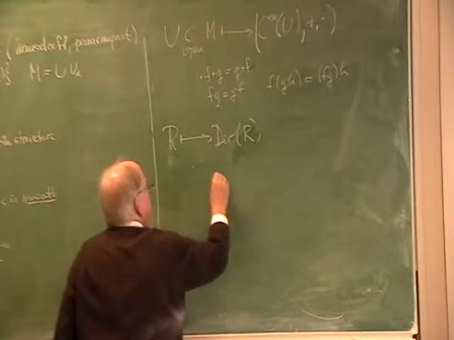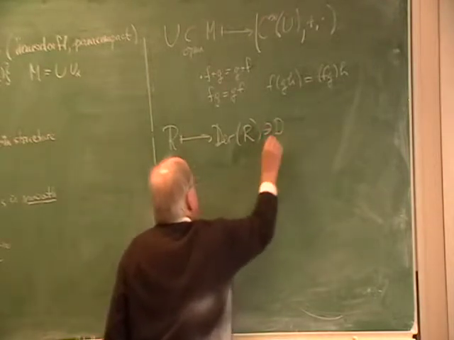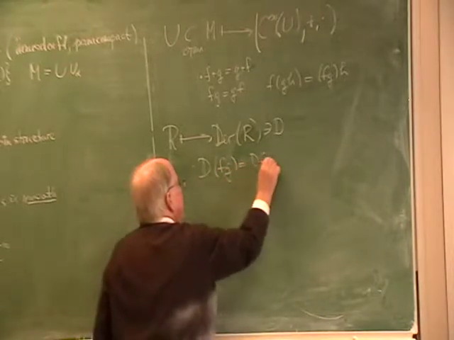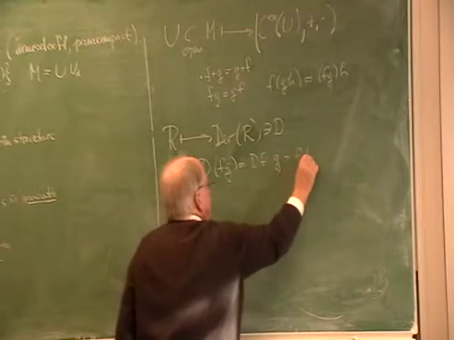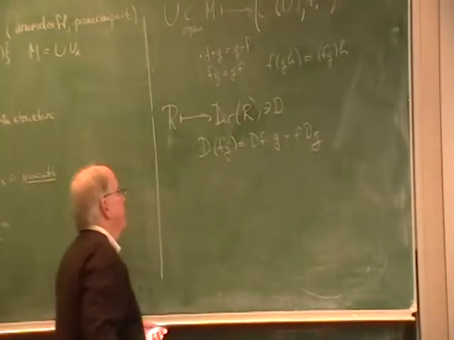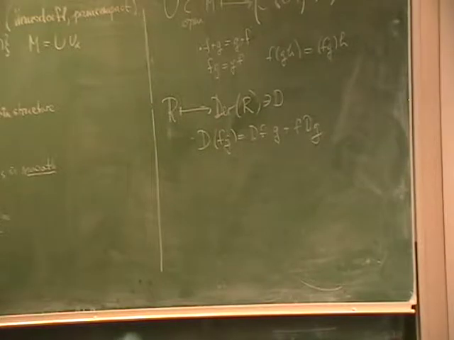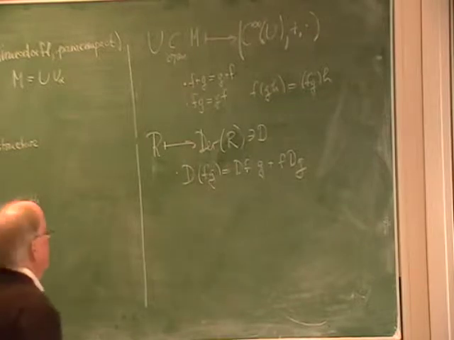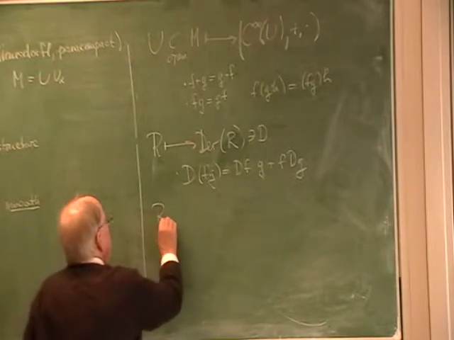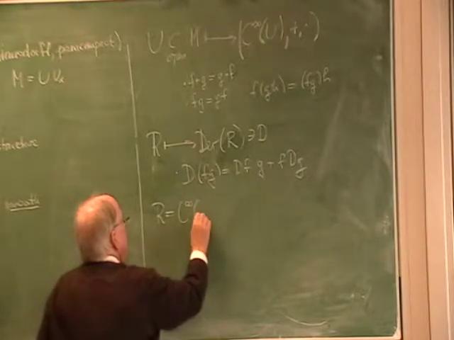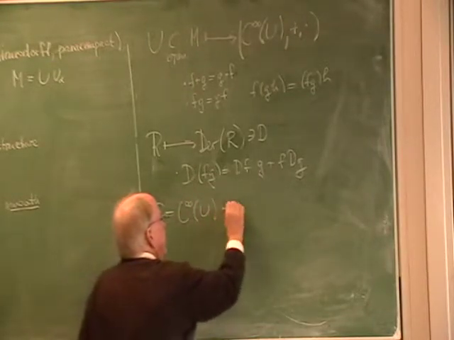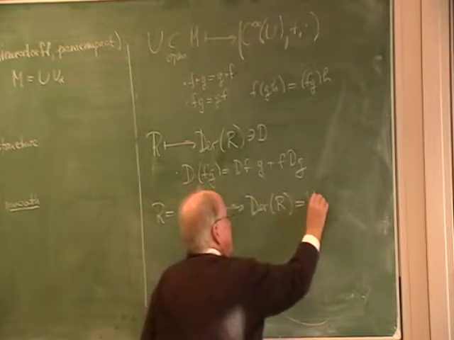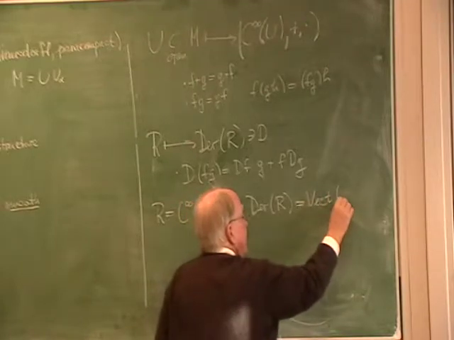So if we take a derivation, say D, D of fg equals (Df)g plus f(Dg), the Leibniz rule. So we have such a wonderful thing like this C infinity ring, and we look at the ring of derivations. In the case of our C infinity functions on an open set, the derivations on this ring we know very well are called the vector fields on U.